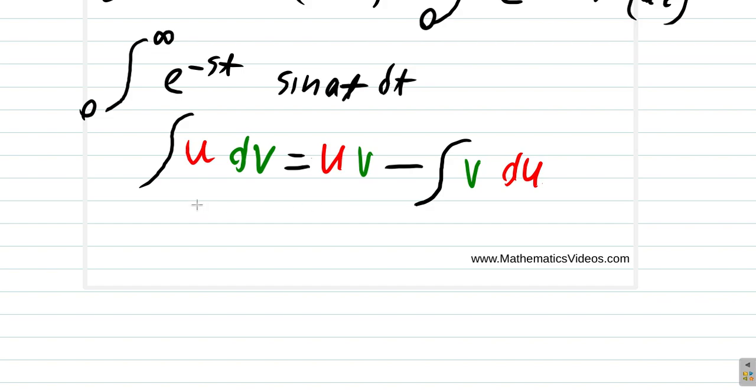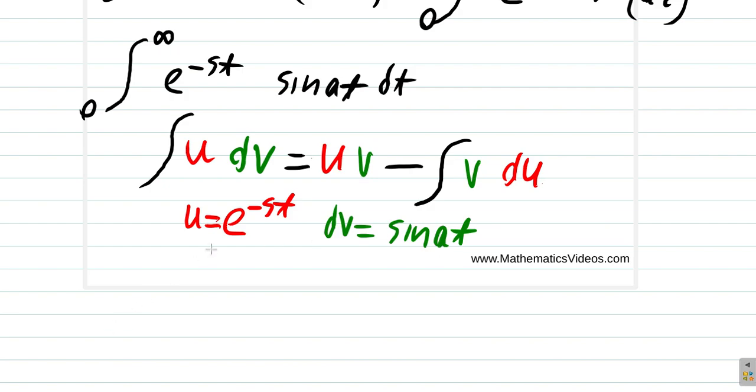So what we're going to do is let u be equal to e to the negative st, and then dv equals sine at.